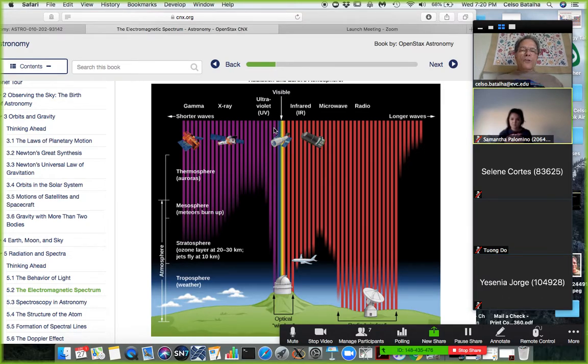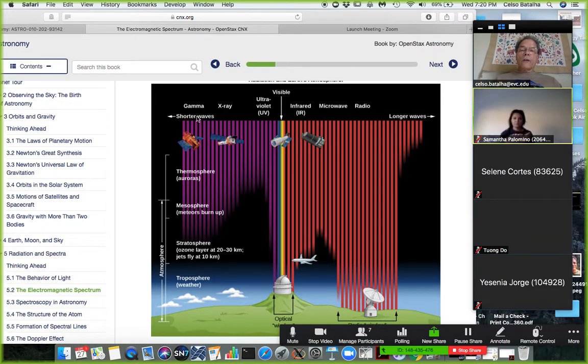But at a shorter wavelength or higher frequency comes the ultraviolet radiation, and X-rays that you might see at your dentist. Your dentist might have some machine that uses X-rays because it's very energetic, has high power of penetration, and can take an inside view of your body, your teeth.